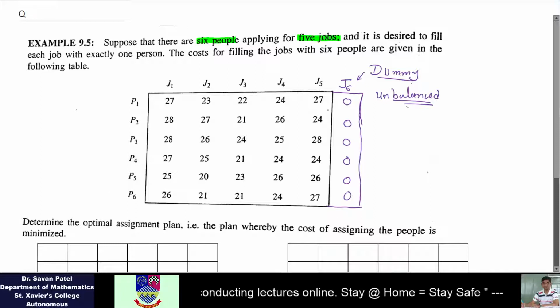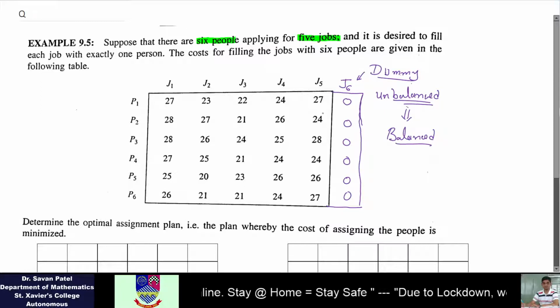But if you are interested, you can write the cost for J6 as any value, but all must be the same constant. If you write 10 rupees here, then everywhere you have to write 10 rupees. That's the only thing. You can put any constant, but that constant must be the same. So now this problem is converted into the balanced one.